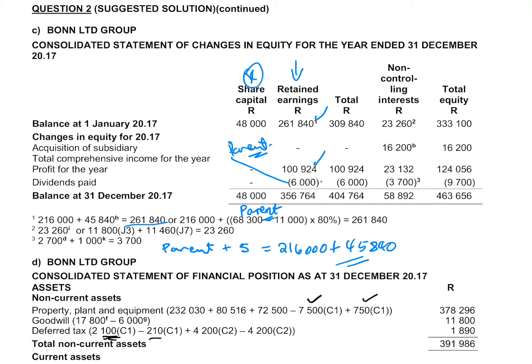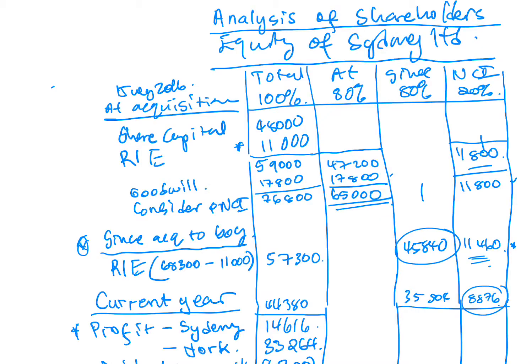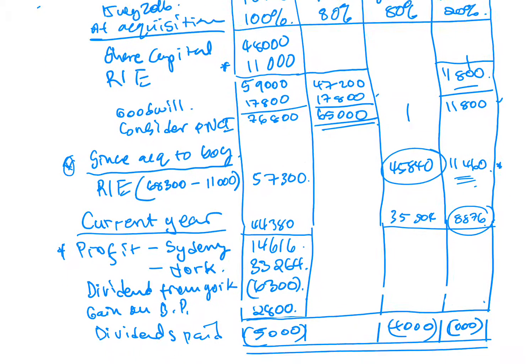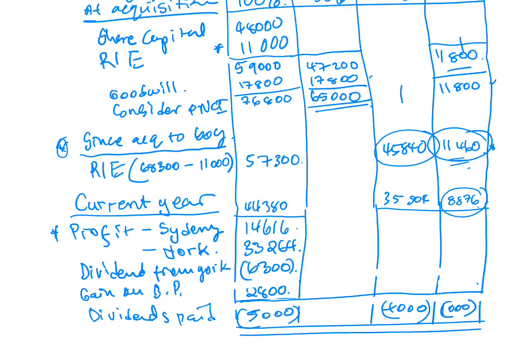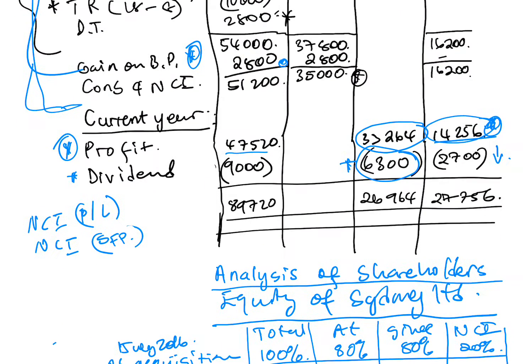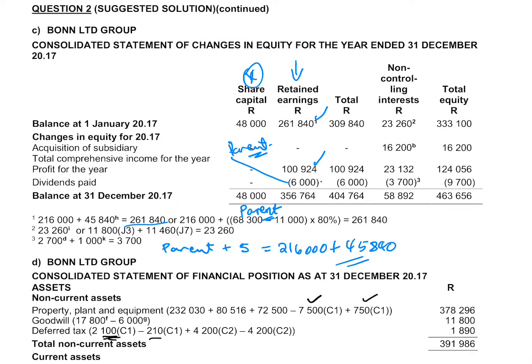Non-controlling interest, we look at the analysis again. How much do we have in our analysis? Right here, the non-controlling interest, it's 11,460. That's the beginning. This one was acquired in the current year, so you just take that 11,460 plus what was there when it was acquired.